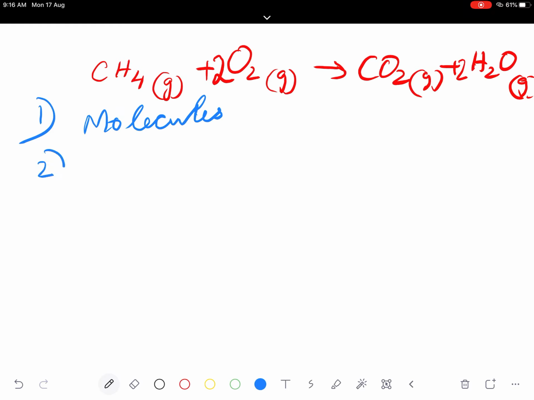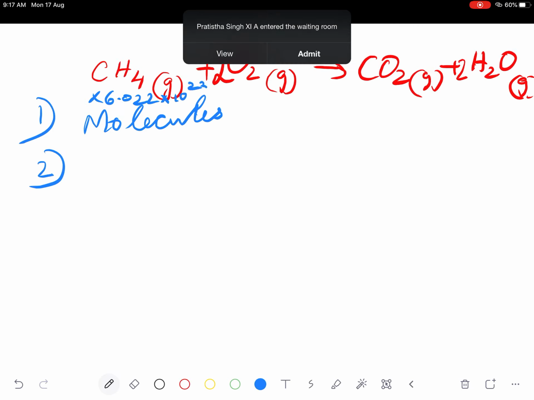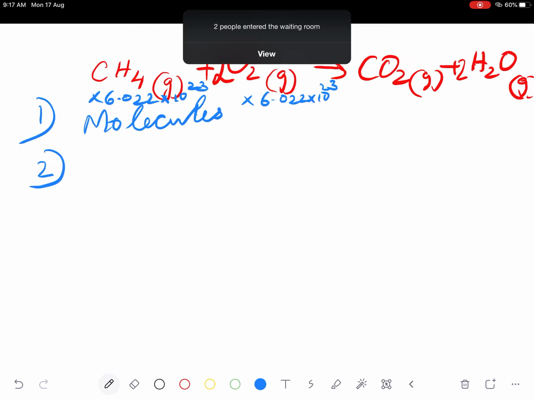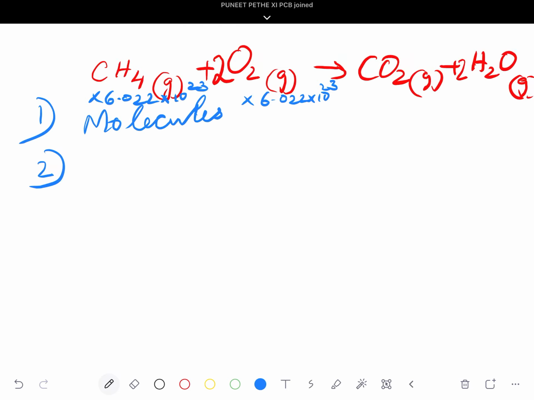So what we do, we talk in terms of moles so that you can take a particular weight. So second information: I am multiplying all these molecules by 6.022 into 10 to the power 23. Everywhere I am multiplying by 6.022 into 10 to the power 23. So here one molecule now has become 1 mole.